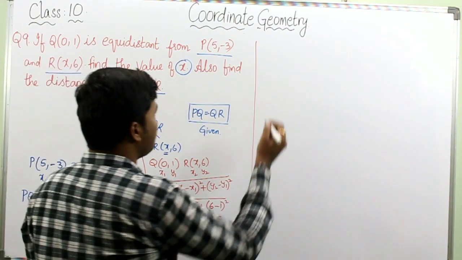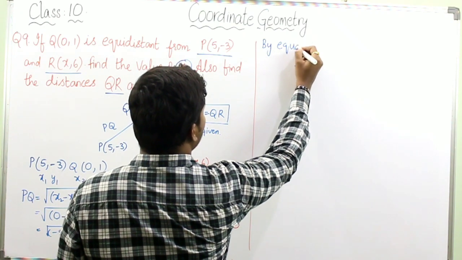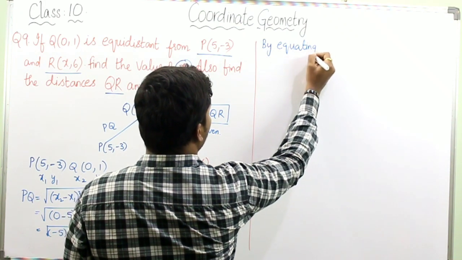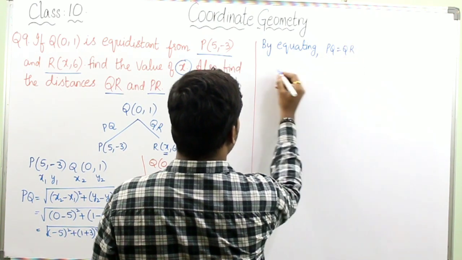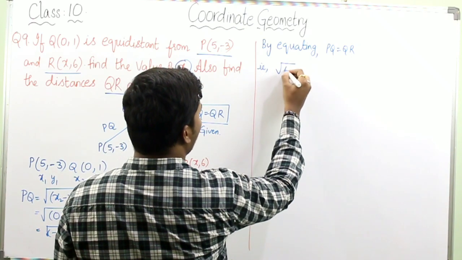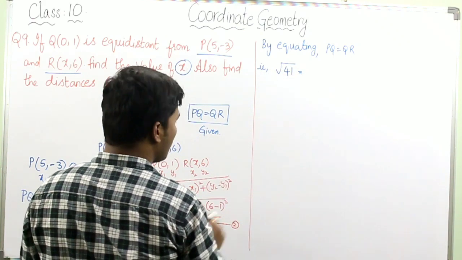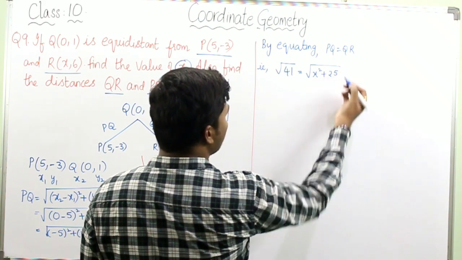Then by equating PQ to QR, we have square root of 41 is equal to square root of x square plus 25.